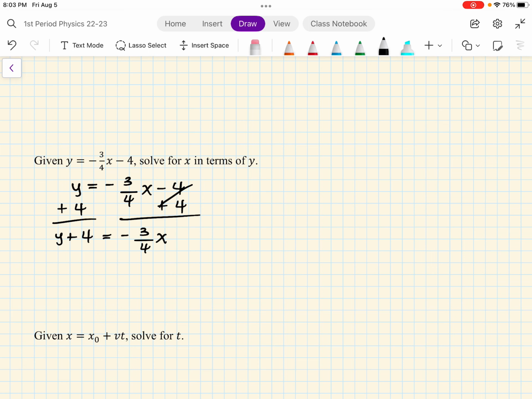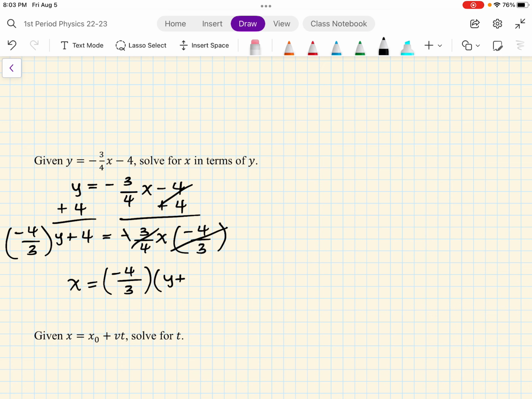Now I have to get rid of the fraction and also the negative sign, so I'll do the same. Times negative 4 over 3. I'll do the same over here, just like we did on the first one. This cancels. I flip again. Now I have x is equal to negative 4 over 3 times y plus 4.